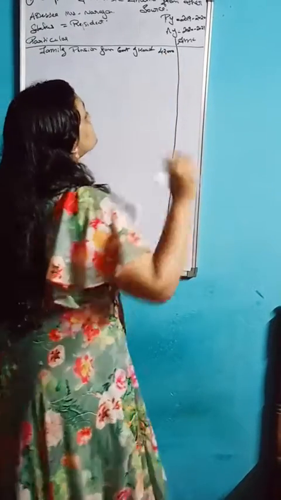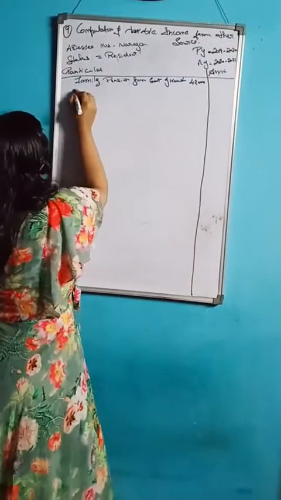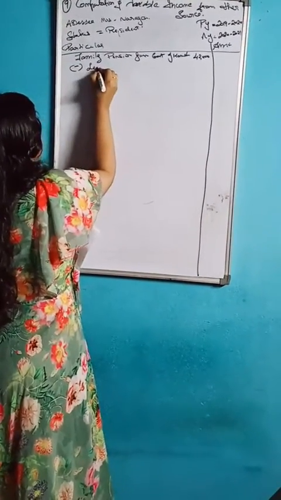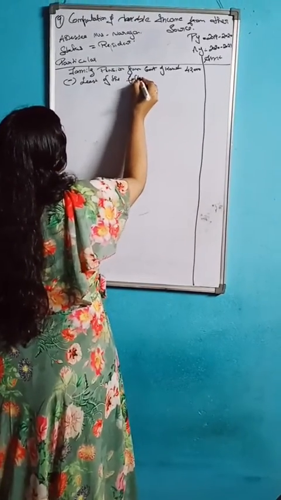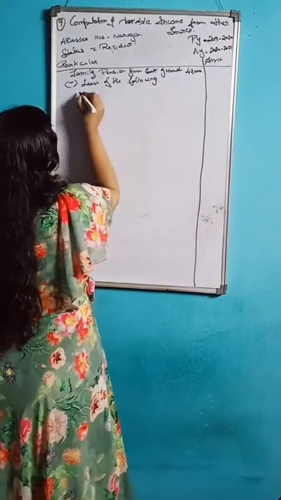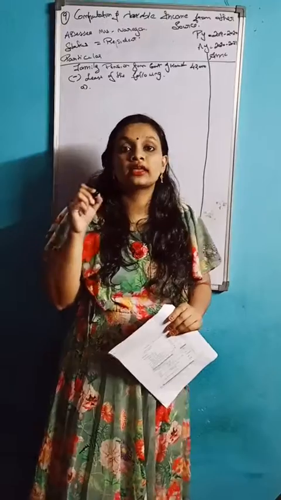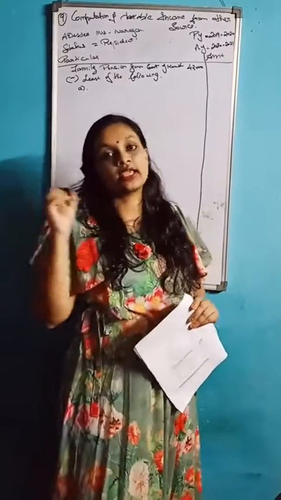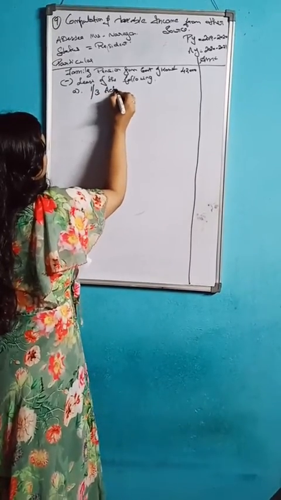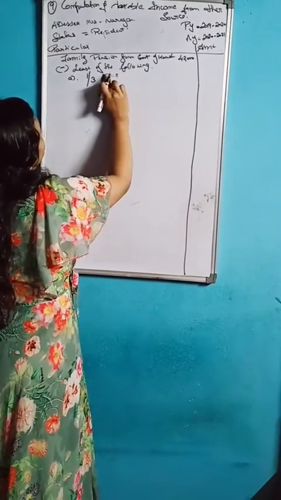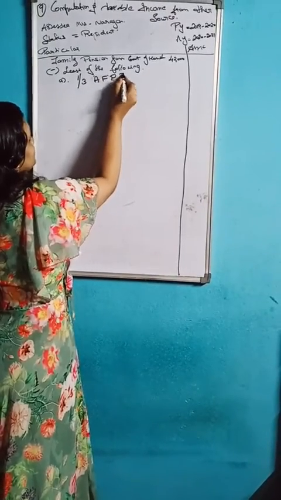Next one is least of the following. Point A. Least of the following, that is 1 by 3 of actual family pension received.